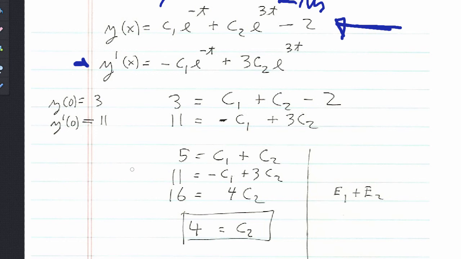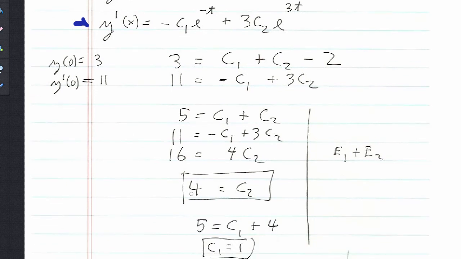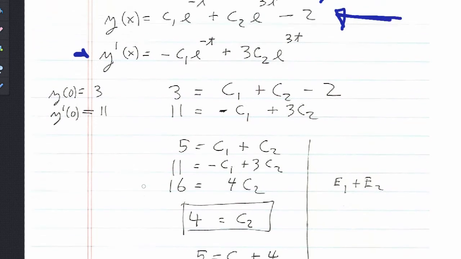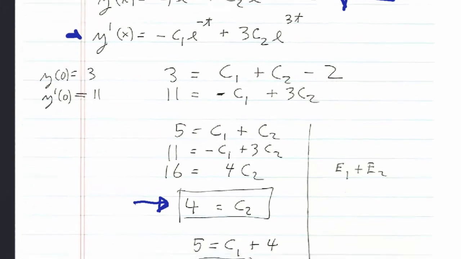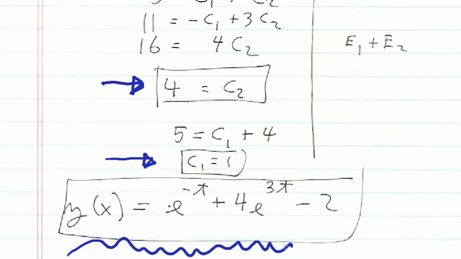Solving the system of equations, I arrive at the conclusion that C2 is equal to 4 and C1 is equal to 1. So therefore, the solution to the initial value problem is given right here, and that is y of x equals e to the minus t plus 4 e to the 3t minus 2.